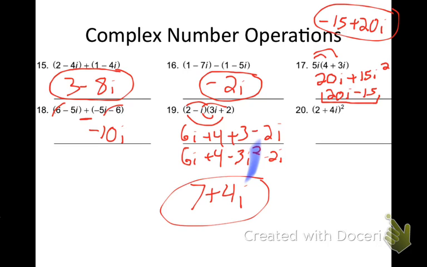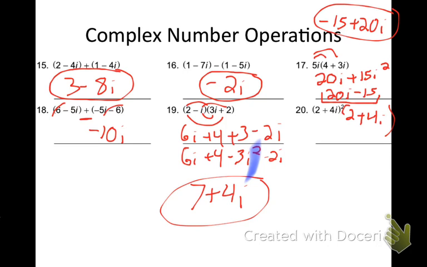And then number 20, 2 plus 4i squared. What's that really mean, Mark? What's the squared term really mean? Like 3 squared, what does that mean? 3 times 3. Okay, so 2 plus 4i squared, what's that mean? Yeah, you just double it. It's 2 plus 4i times 2 plus 4i.